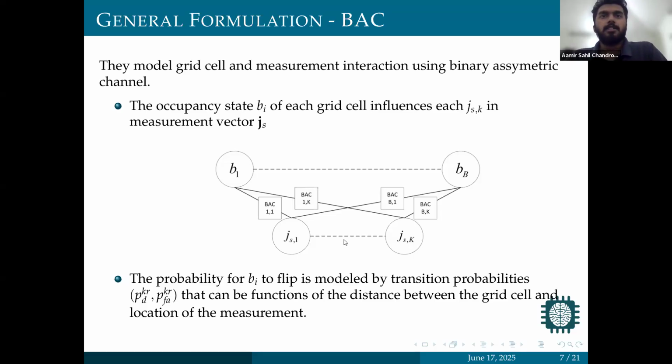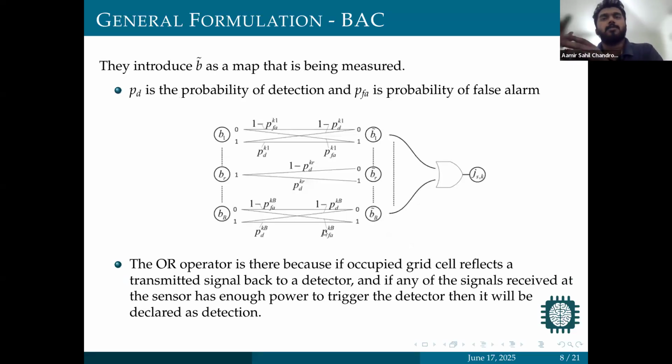How they model that is as follows. For each grid cell, there is a chance that it can be viewed as it is, or it can be flipped. So they introduce this b tilde, and what they are arguing is that the sensor sees the map b tilde instead of b.